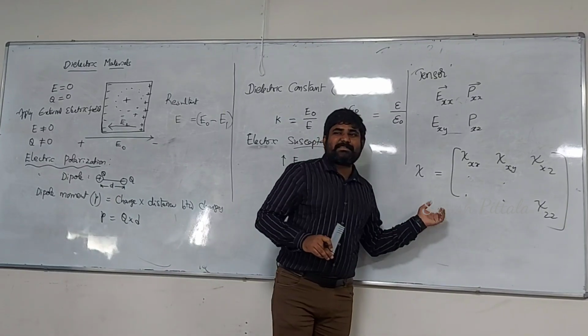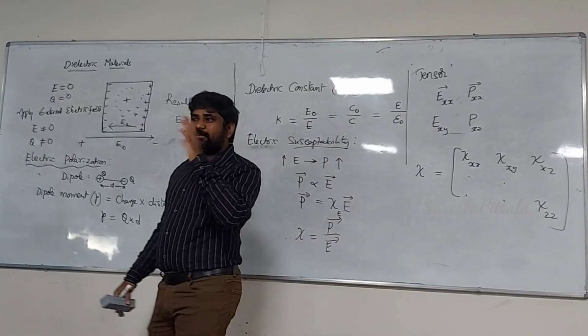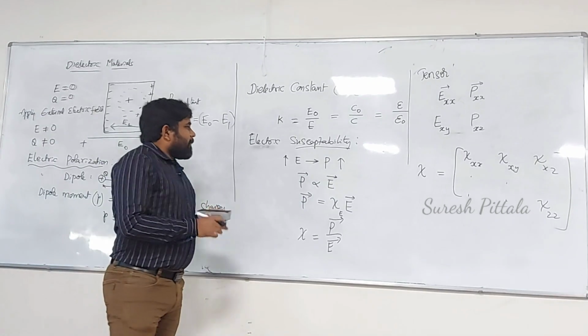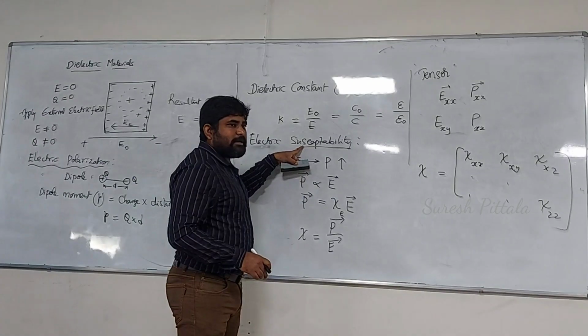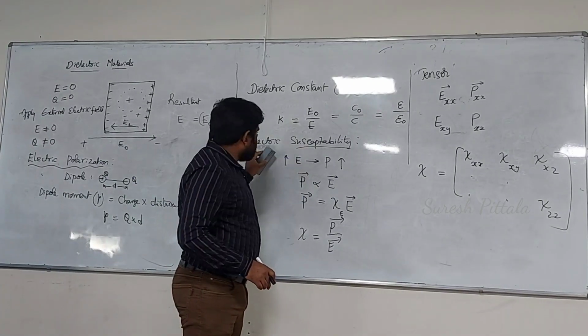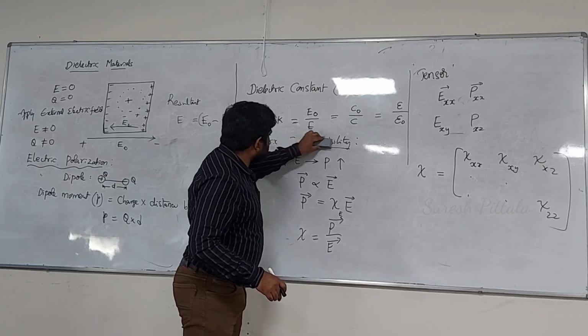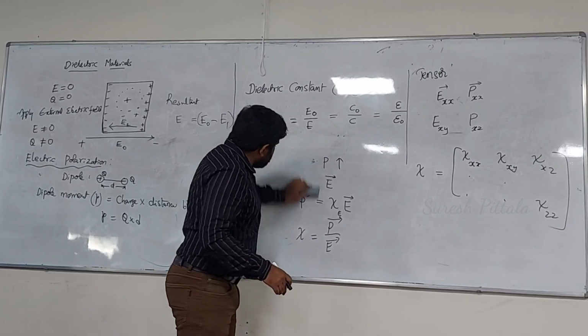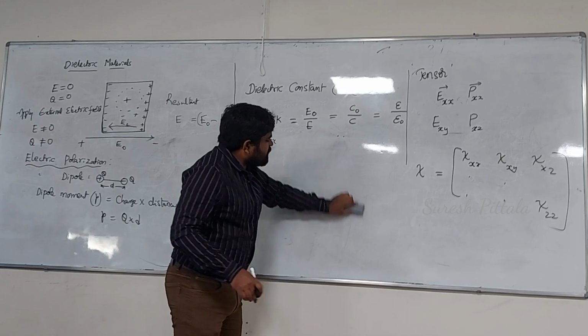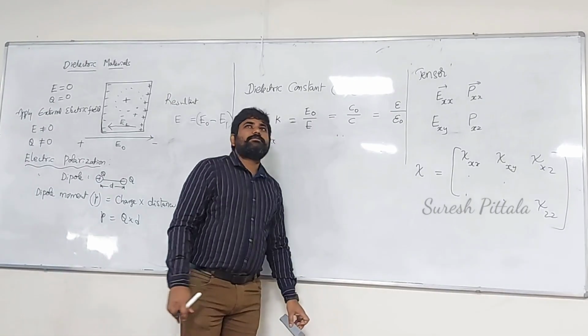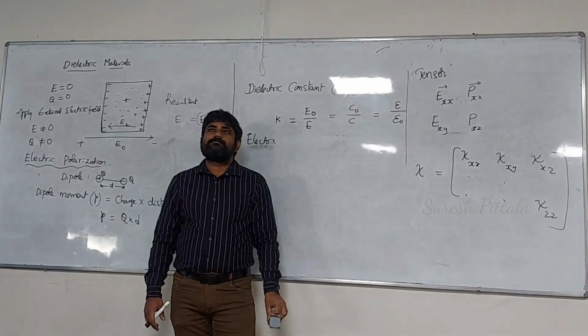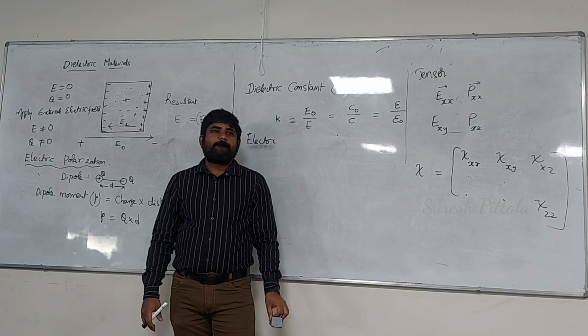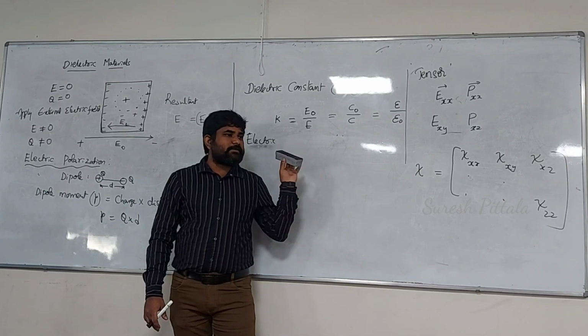Yeah, chi is a tensor. Remember. Now, after the electrical susceptibility, let me also define electrical permittivity is over.